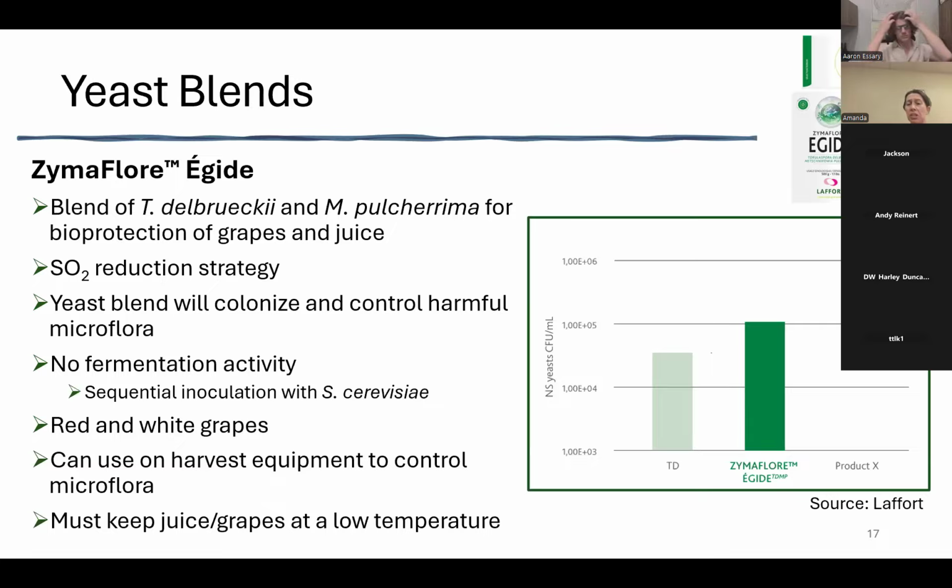I haven't actually done it myself, but they'll mix up a batch of it and spray it on their equipment, and that will really help control the spoilage microbes coming in off the vineyard. Again, though, you do need to keep the juice and the grapes at a lower temperature to help these non-Sac yeasts do the best job they can of keeping microbes at bay.